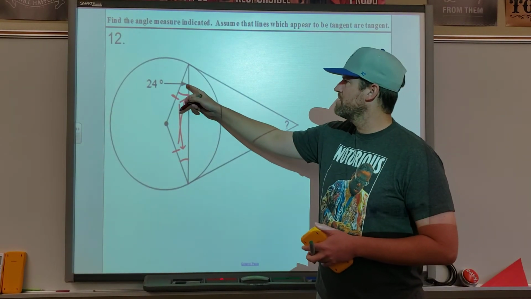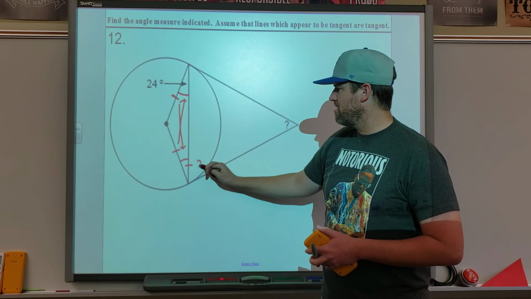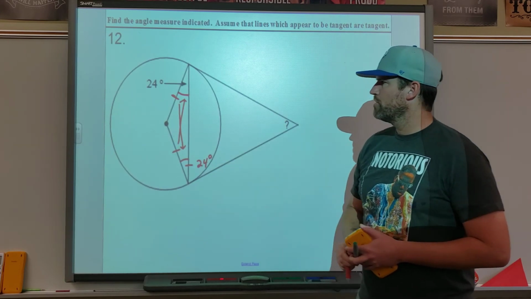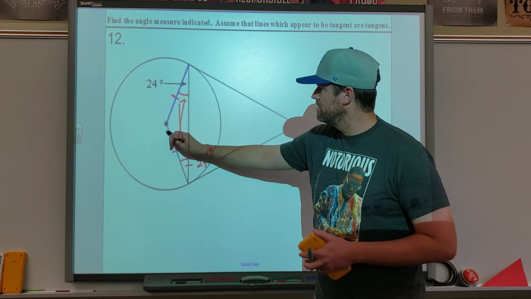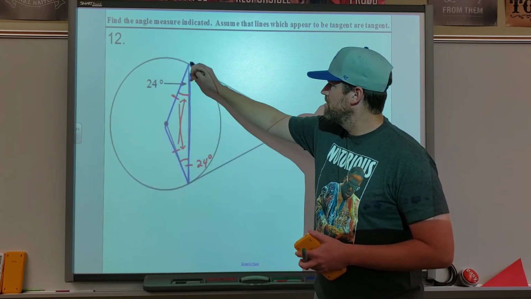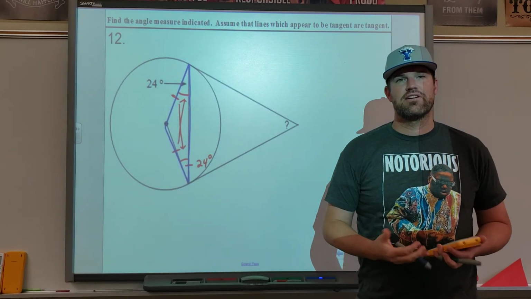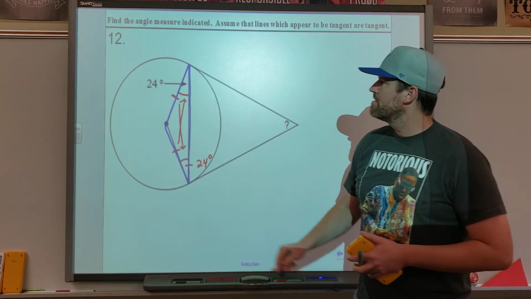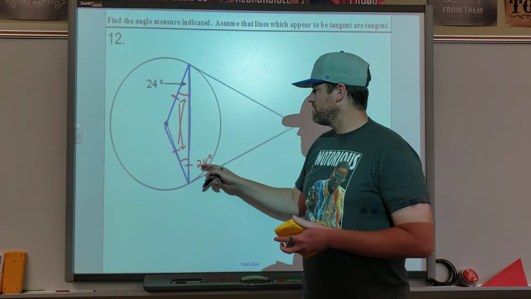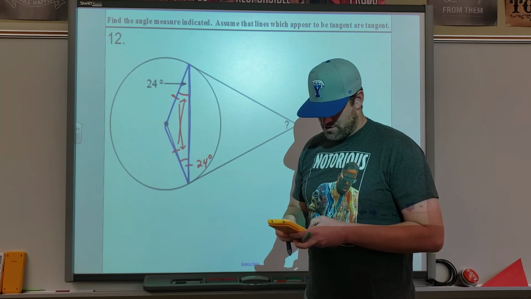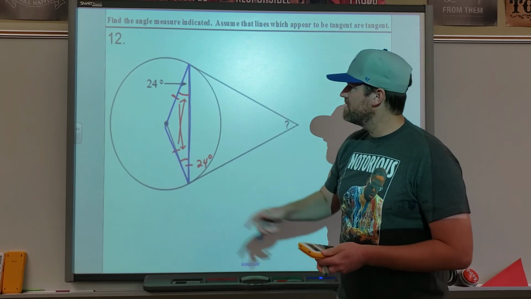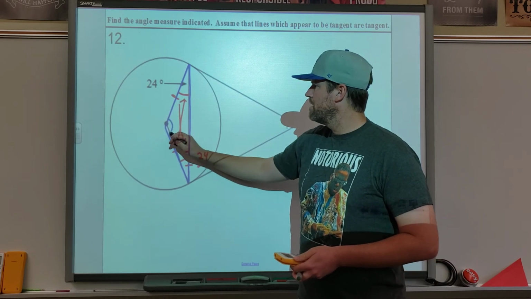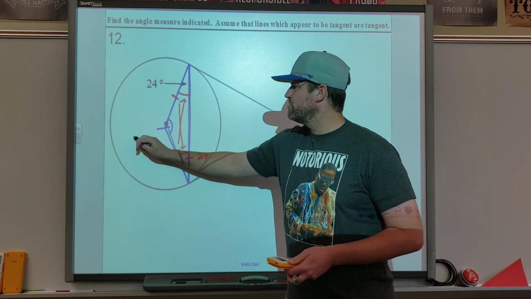So if this angle up here is 24, that means this angle right here is also 24. And then I can use my triangle. I know how many degrees are in a triangle, right? 180. So if I subtract 24 twice, that gives me that this angle here is 132 degrees.